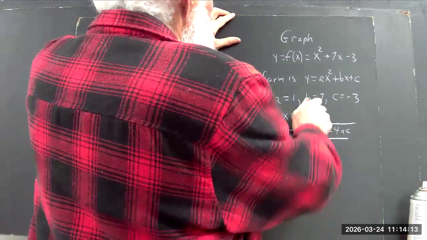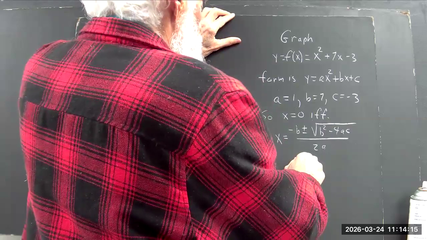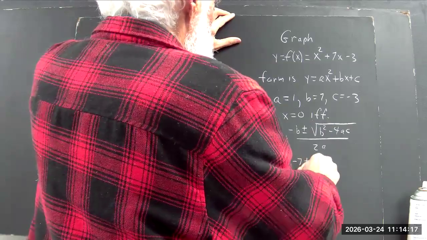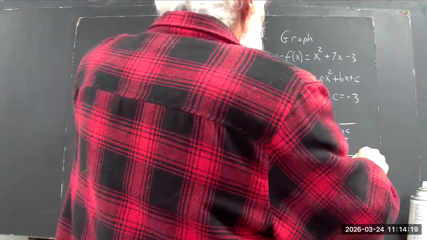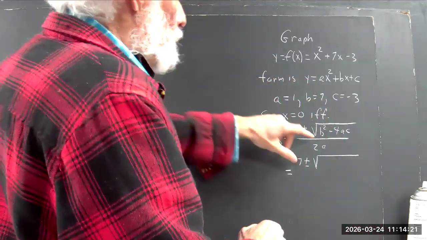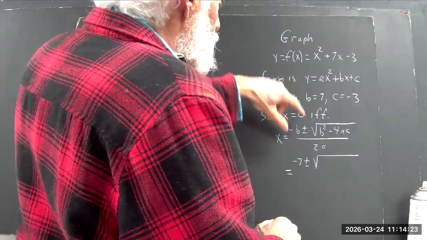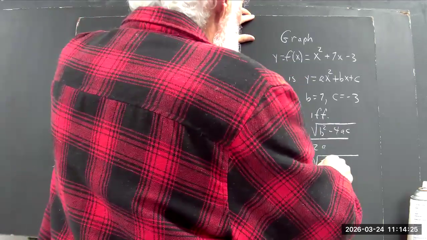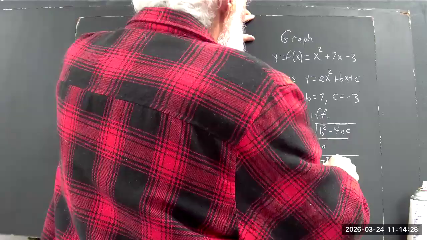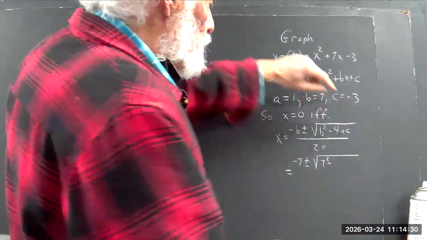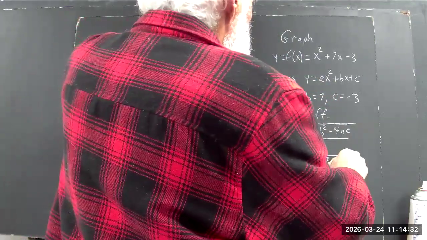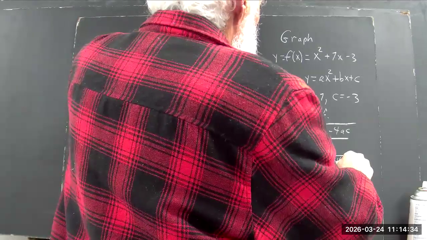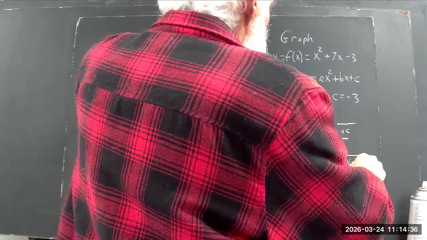And then b is 7, so negative b would be -7 plus or minus the square root of b squared would be 7 squared minus 4ac would be -4 times 1 times -3.